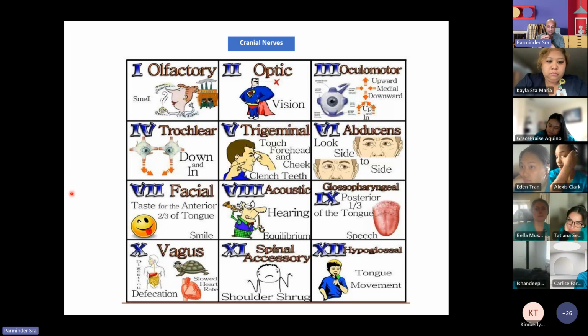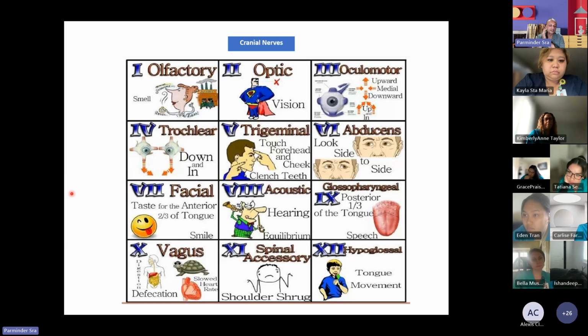So to assess, the nurse can lightly touch the patient's face in different areas to check the sensation and ask the patient to clench their teeth, because it assesses their chewing ability. Then your cranial nerve 6 is abducens, which controls the lateral eye movement. You ask them to look side to side.